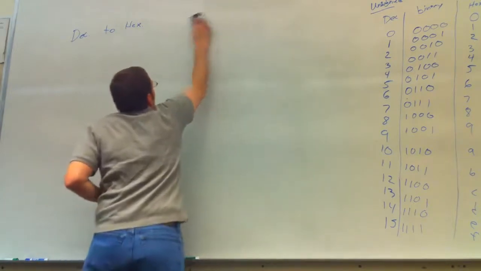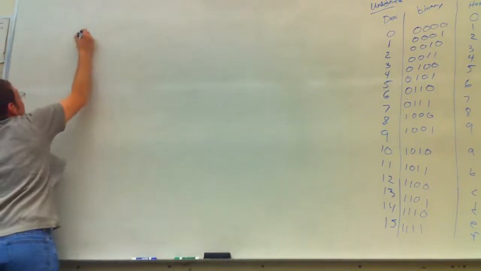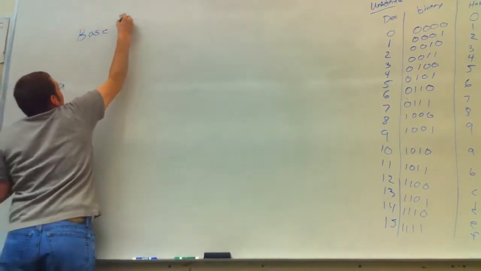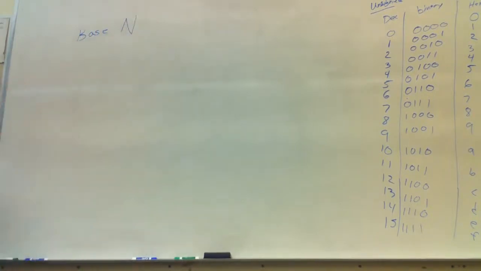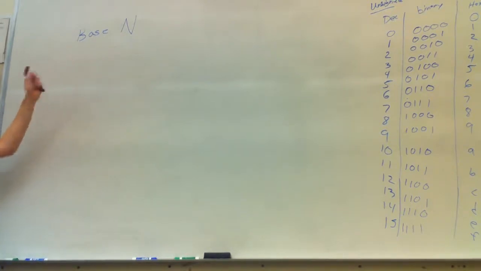I can give you any base. I use a big capital letter N. Basically, I can go base 3, base 4, 5, 6, 7, 8, 9, 10, base 124.